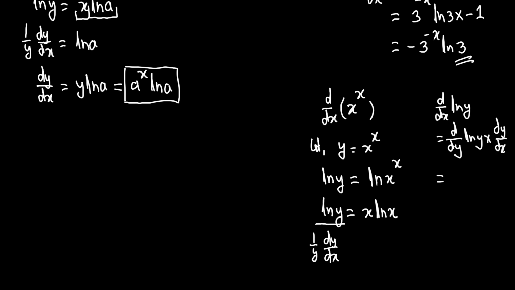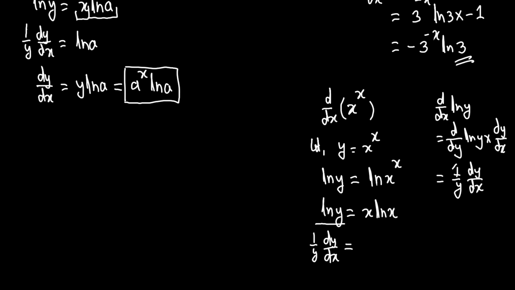So d by dy of ln y is definitely 1 by y, then dy by dx. I have a lot of videos about implicit differentiation. Please click on the I button to see the differentiation relevant to implicit functions. That kind of function is called implicit.